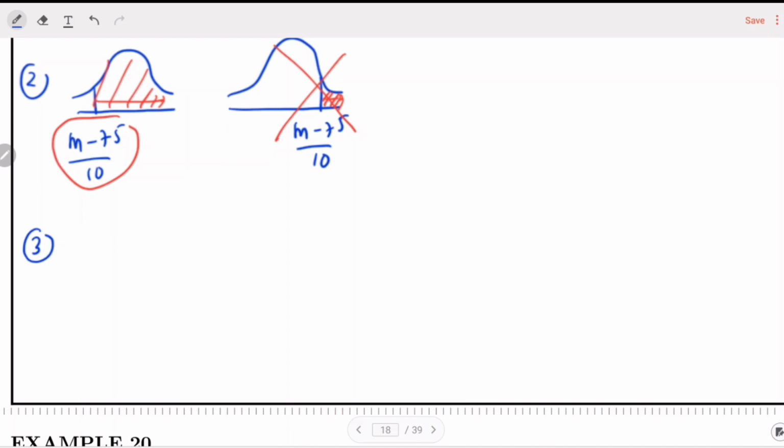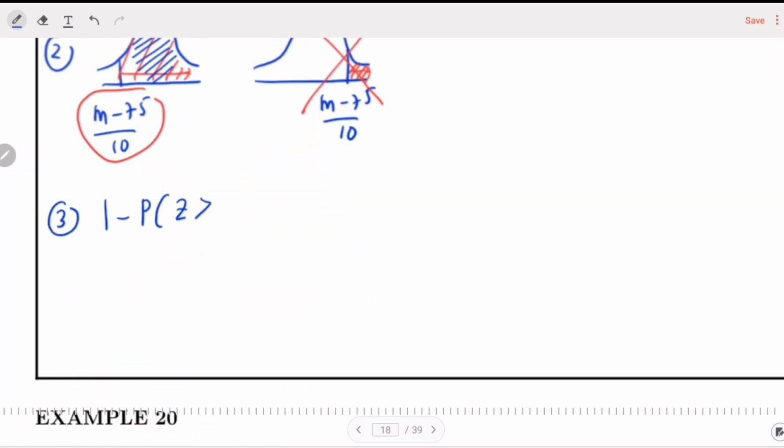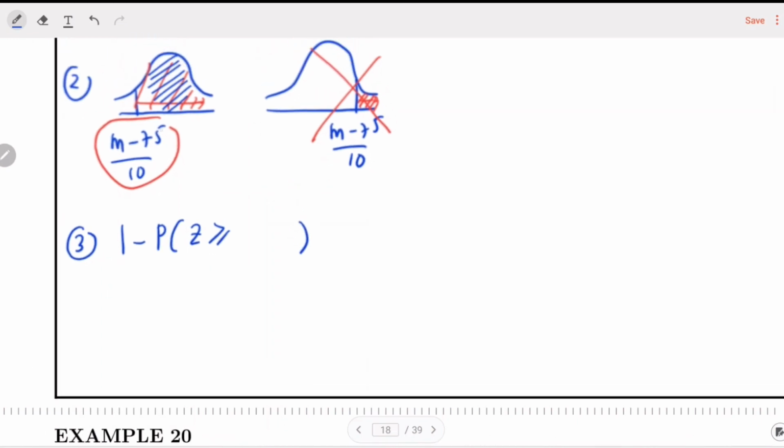Need to identify whether we need to put 1 minus or not. Since we shade the middle part of our bell shape, we need to put 1 minus, and then the probability Z greater than. But I'm going to put the equal sign because the question has an equal sign in here. So Z greater than or equal to this value, M minus 75 divided by 10.